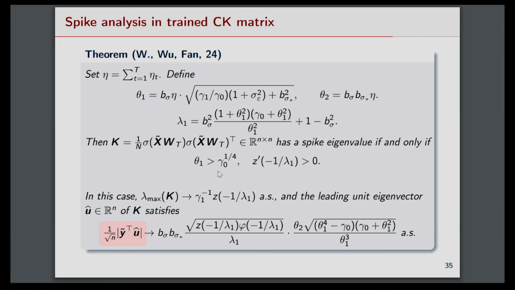You have a spike if and only if this theta 1 parameter exceeds a quantity that scales with the number of samples, or inversely to the number of samples? Here this theta 1 is related to the learning rate. When the learning rate is large enough, you will see a spike emerge in the weight matrix, and then it will produce a spike in the CK matrix. Really nice result. Thanks.